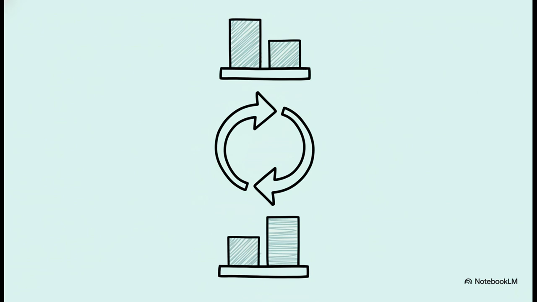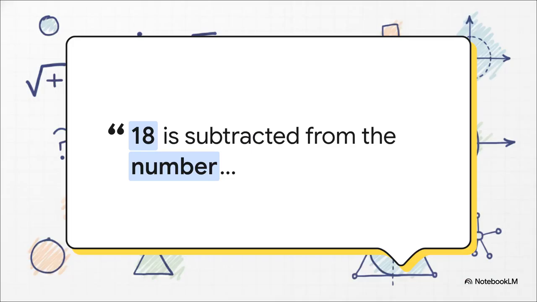Now, if the problem says the digits are reversed, well, that x is suddenly sitting in the tens place, so the reversed number is just 10x plus y. Let's see this in action and translate it into a flawless equation. The problem says 18 is subtracted from the number, the digits are interchanged. Guys, we literally just read it left to right and turn it into math.